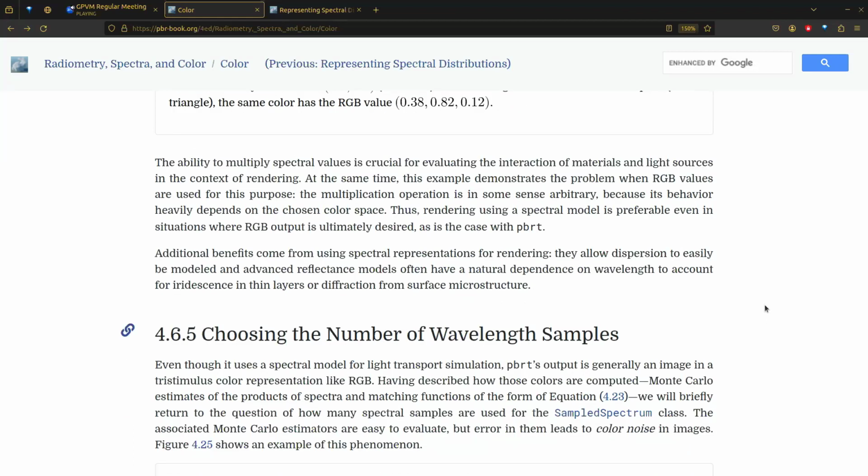Which there's also RGB 5E9, or is it RGB 9E5, where they have a shared exponent and then the mantissas are different per channel. There's a number of different formats for textures and things in that area.